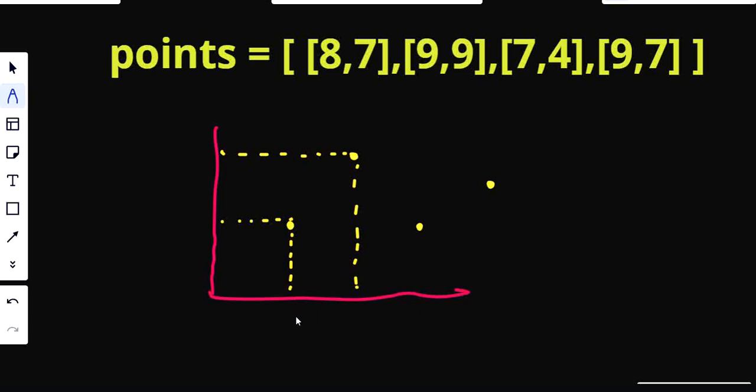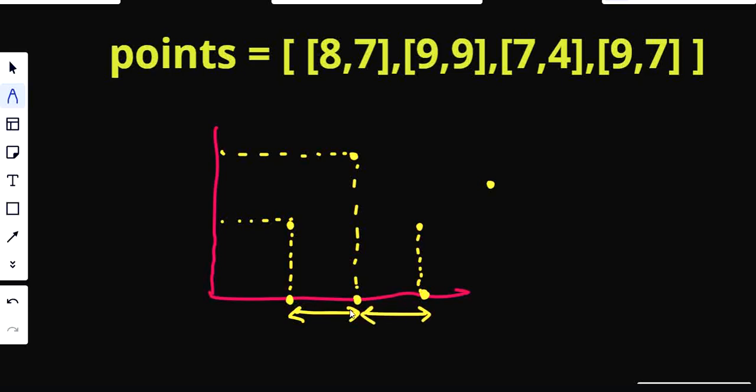So let's try to understand: if we have to calculate the maximum width with this graph, then what I will be focusing on is the x-axis points. If I need to calculate the maximum width between 2 points, then I can say this is the width, and if I draw it down, then this will be another width.